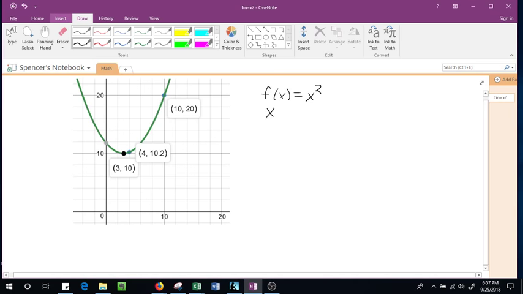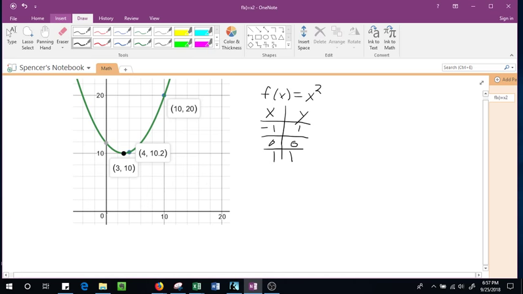So if we create that table really quick, you know that at negative 1, squared, negative 1 times negative 1 is just 1. When x is 0, 0 squared is 0. And when x is 1, 1 squared is just 1.